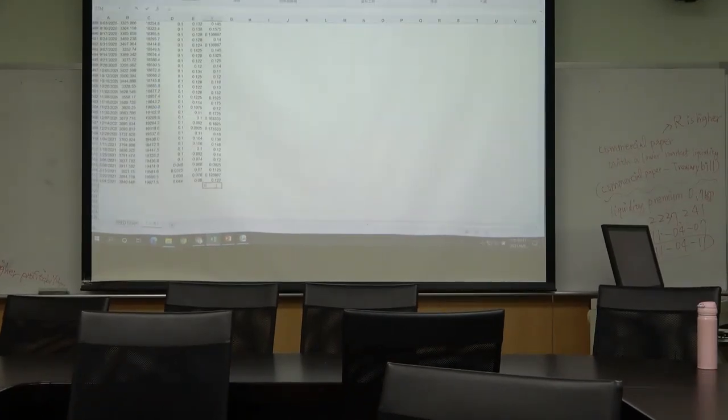In Excel, to compute the average for commercial paper, let's go to the blank cell. Type equal average, and I start from F2, which is the first observation, to F518.